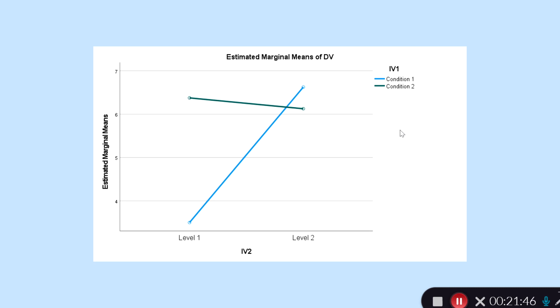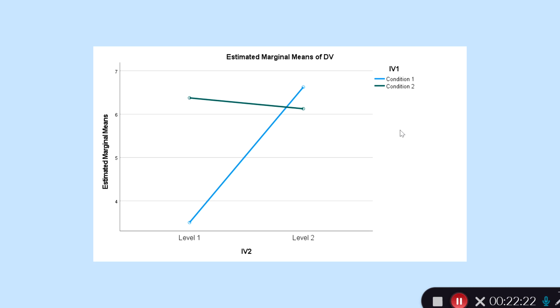In contrast, at level 2, if we look at level 2 on the x-axis there for IV2, the scores are about the same, or the pattern is actually reversed. You can see there that the blue data point for level 2 of IV2 is higher than the green data point, which they're not that much different, so it's unlikely there's a significant difference between them, but the lines cross and the pattern of scores is reversed.